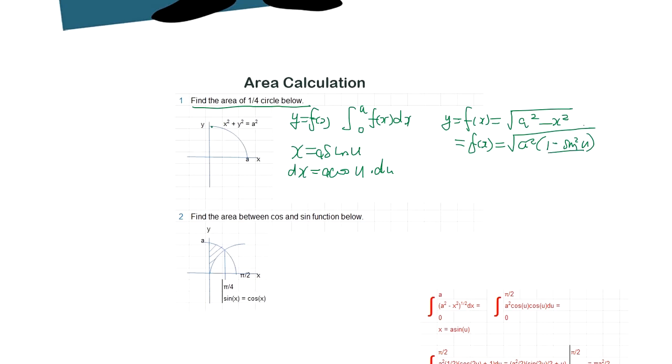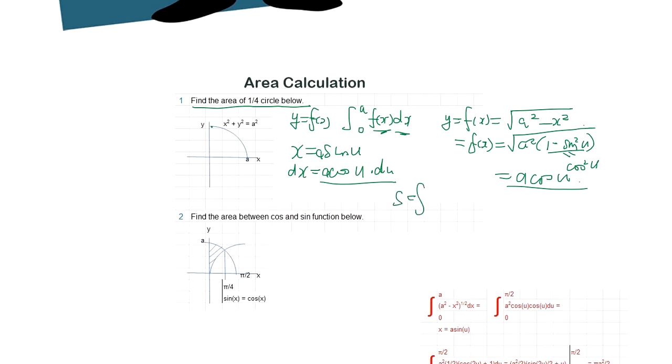So this is going to be cosine squared u, so it's going to be a cos u. So dx is replaced by this and f(x) is replaced by this.